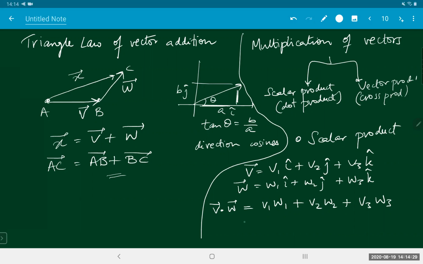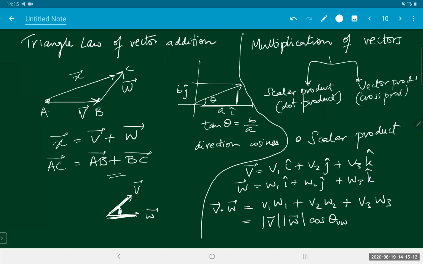Or I can write it as magnitude of V times magnitude of W times cosine of the angle between V and W. So if I have a vector v like this and a vector w like this, then the dot product is given in terms of the magnitude of v, the magnitude of w, and the angle between them. Any questions?